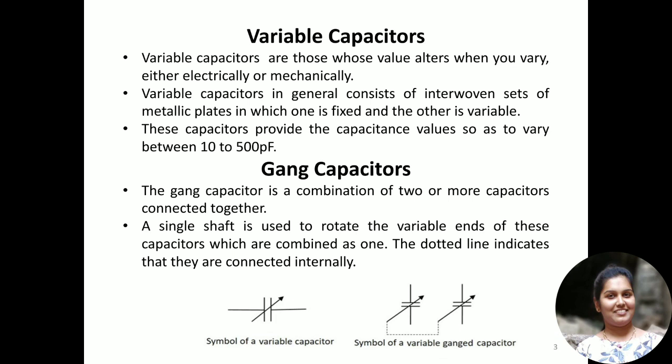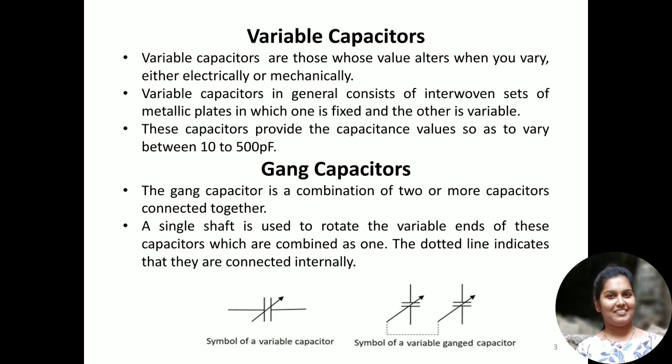The amount of movement of the movable plate on the fixed plate will change the value of the capacitance of that particular capacitor. These two plates will be placed on both sides of a dielectric material. The dielectric material can be of any type, as we have discussed, like paper, mica, glass, ceramic, etc.